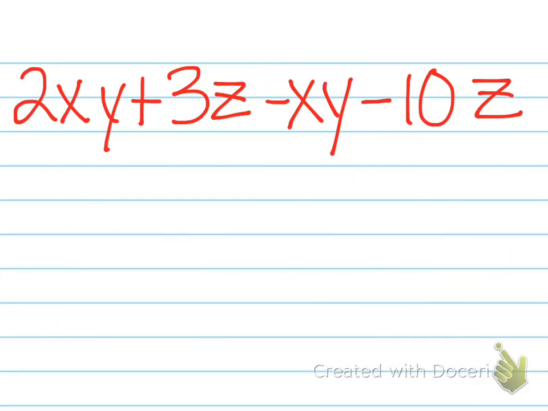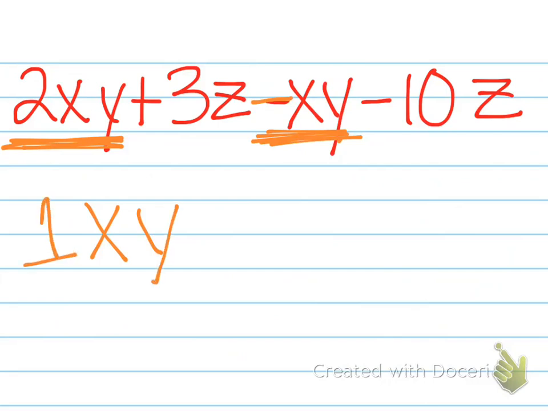All right, we have two sets. We have a 2xy and we have a negative xy. So we can add those together, and actually, since it's a subtraction here, 2xy minus xy gives me 1xy. You can write the 1 in front or not. It doesn't matter. It doesn't have to be there.